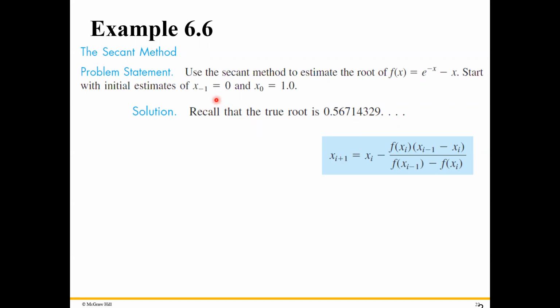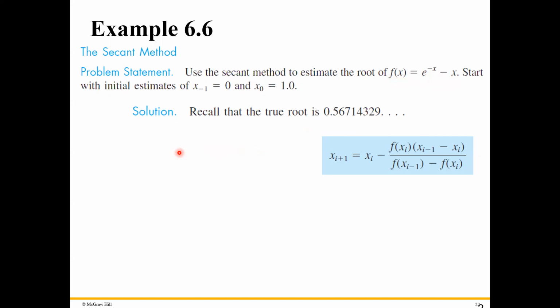Recall that for x_{-1} equal to 0, the value of the function is 1 minus 0, so it will be 1, and for 1 it will be some other value for e to the power minus x.